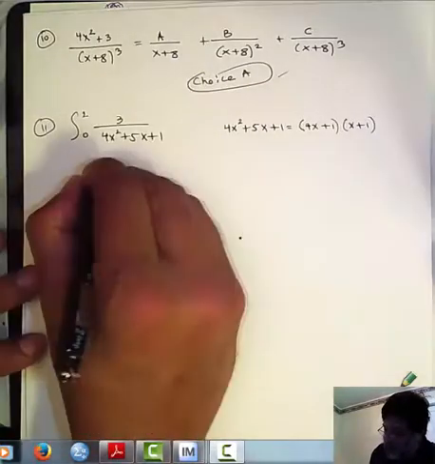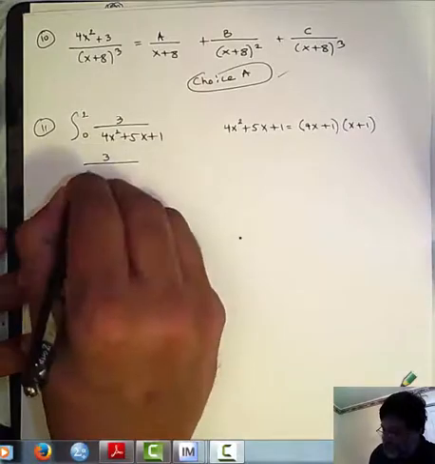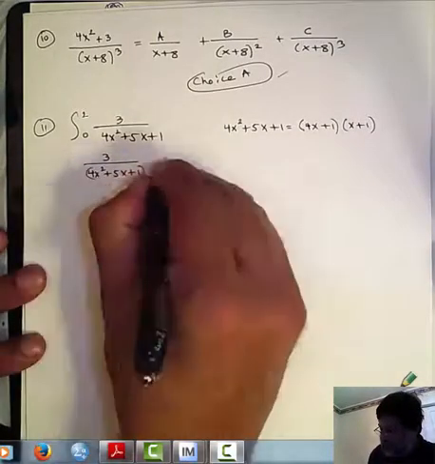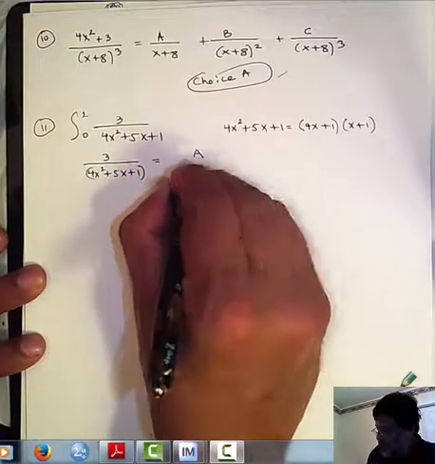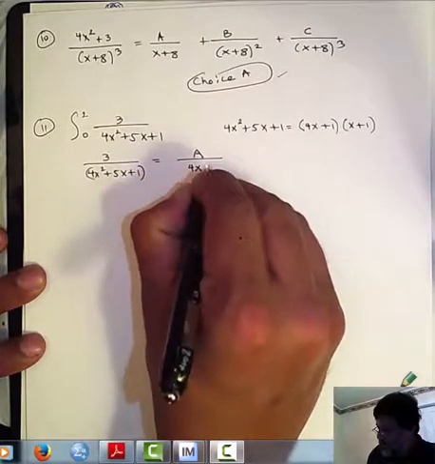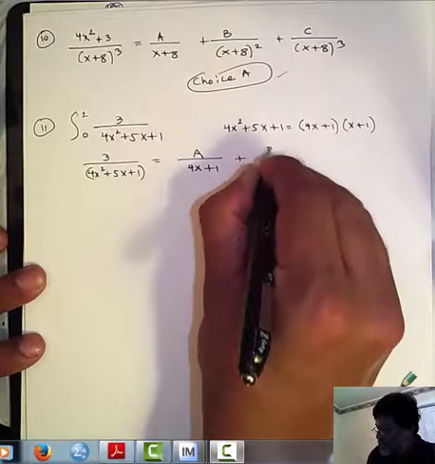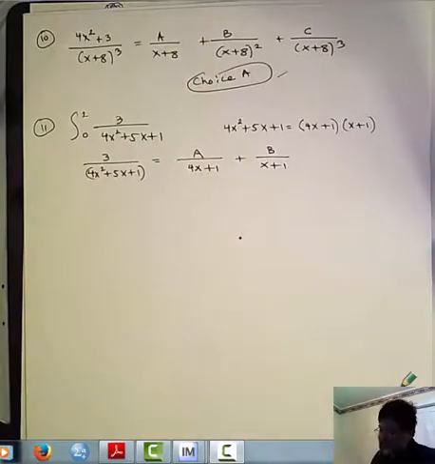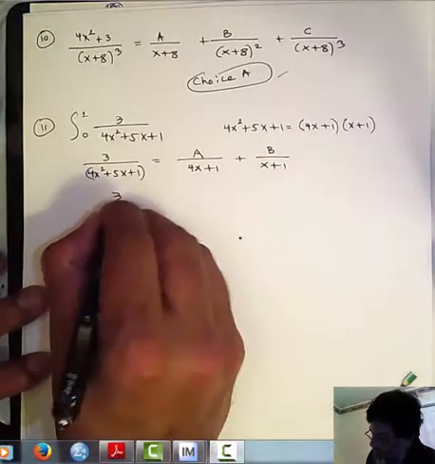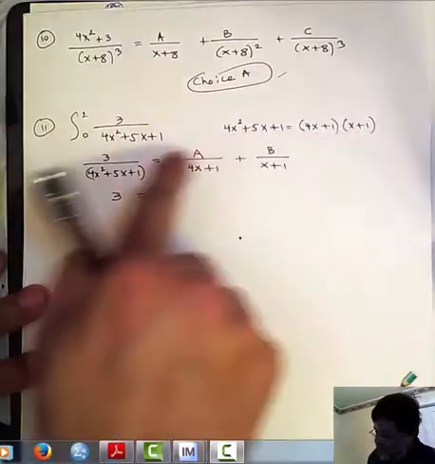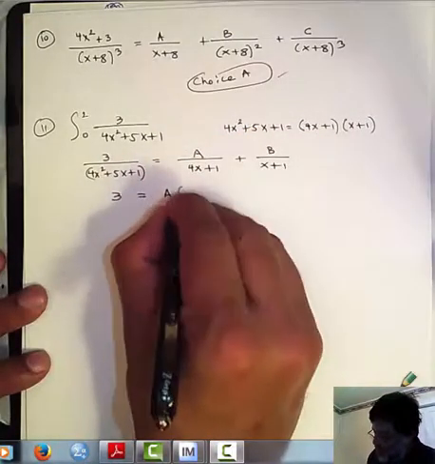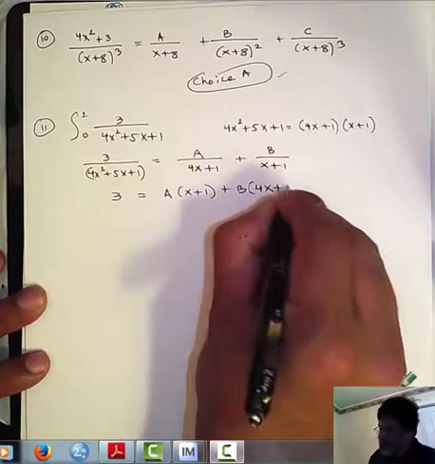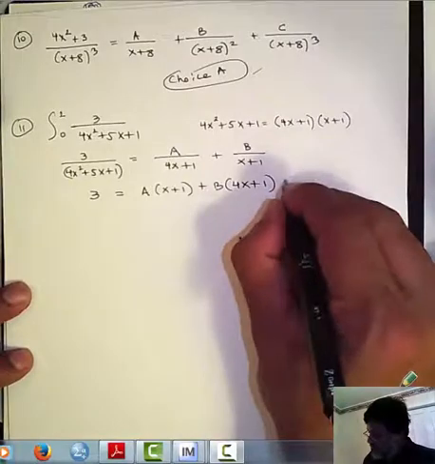So we're going to decompose it as... okay. So multiply both sides by the common denominator. We multiply those two, we get that. So this is going to be 8 times x plus 1 plus b times 4x plus 1.